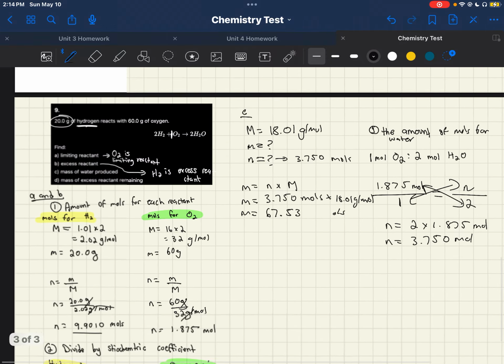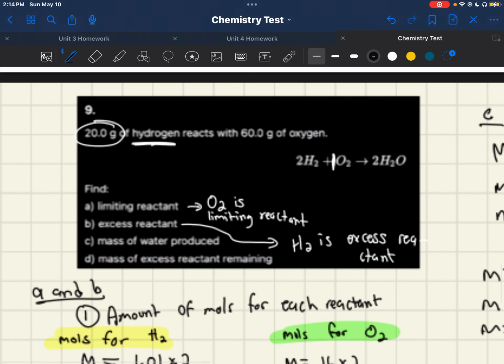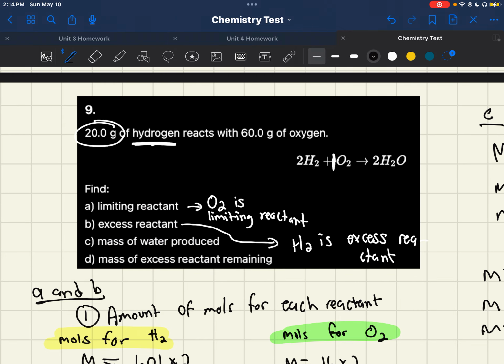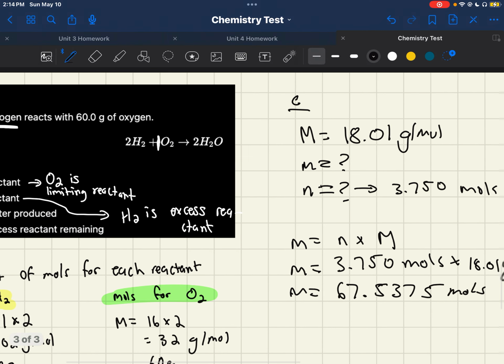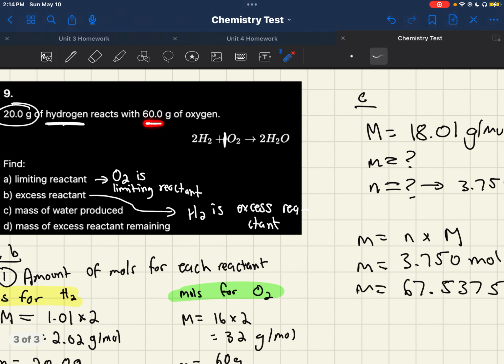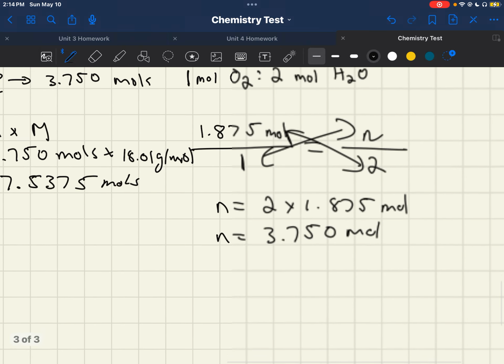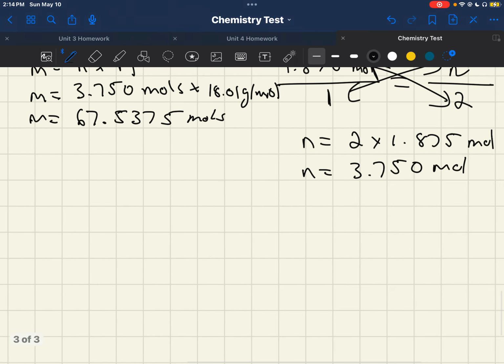You want to use significant digits. So in this case, we have 3 significant digits, kind of like physics. That means we're going to take three significant digits from here, which is 67.5 grams.